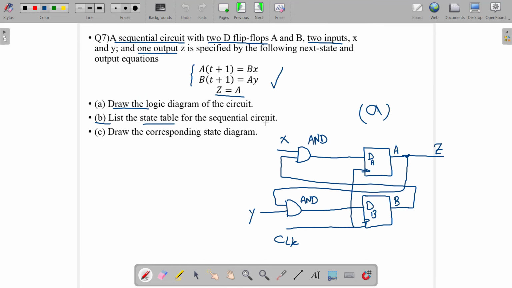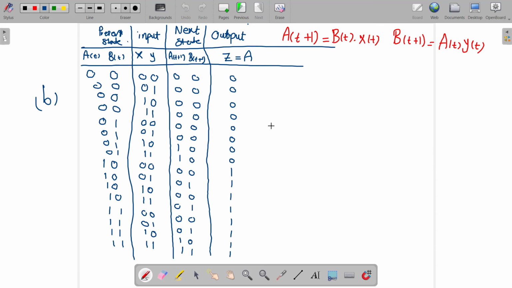List the state table of the sequential circuit. Now in section C, we want to draw the corresponding state diagram, and we learned how using the state table we draw the state diagram. Again, I will show you what's happening. If you look at here, you can see that we have 4 different states: 0 0, 0 1, 1 0, and 1 1.